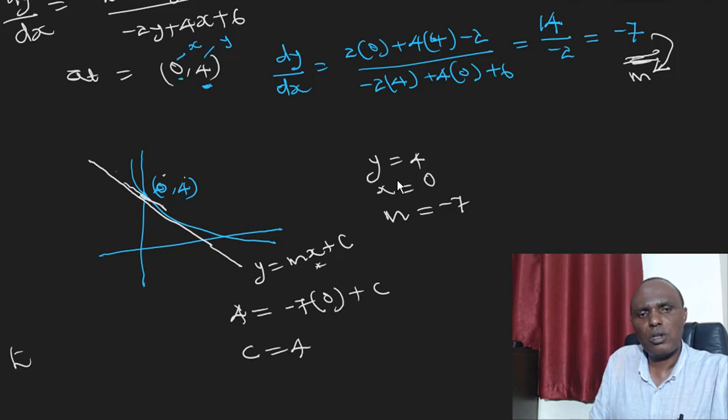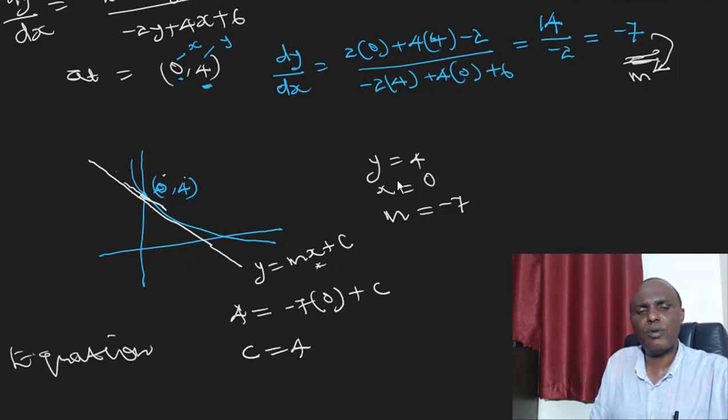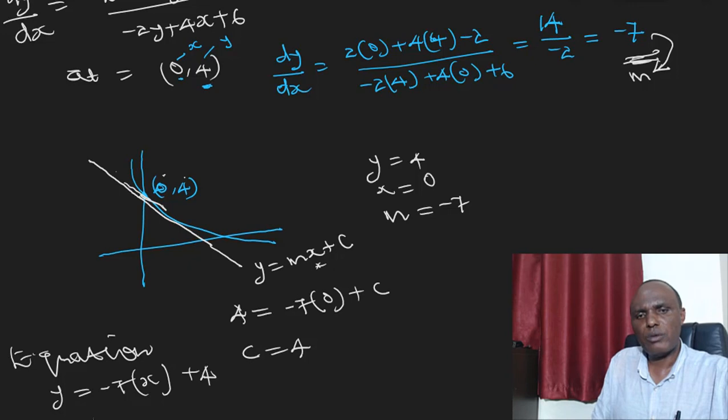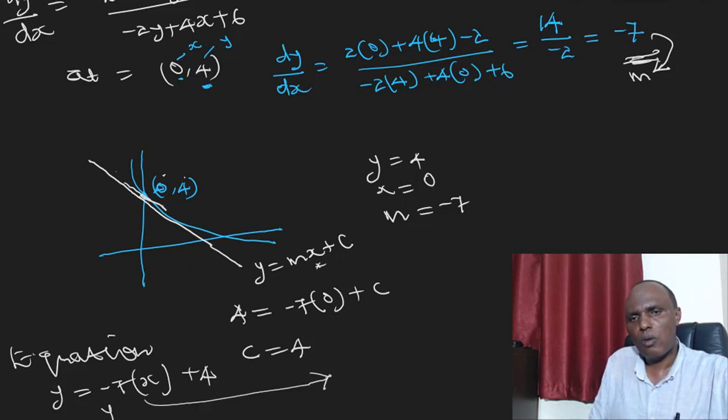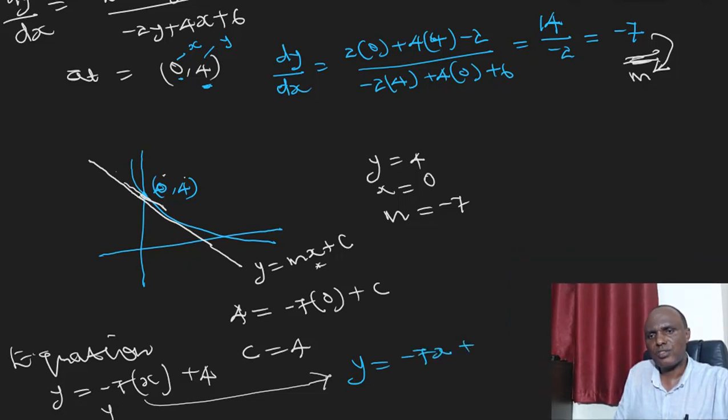The equation of this line therefore becomes y is equal to the gradient, negative 7, multiplied by x, plus 4. The equation of this line here therefore becomes y is equal to negative 7x plus 4.